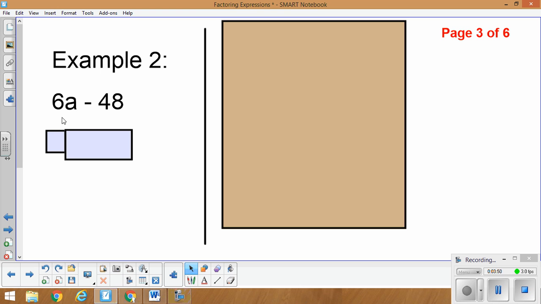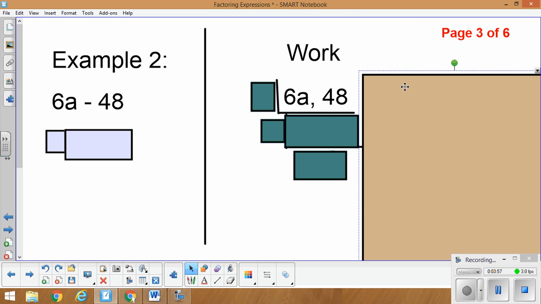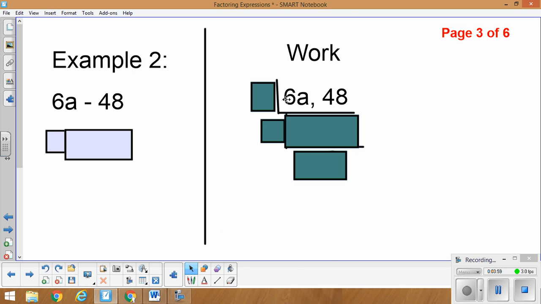Okay, here's example 2. We have 6 times the number a minus 48. So we're going to set up our upside down division. We have 6a and 48. We don't worry about the sign until the end. We look at 6a and 48 and think about a factor that can go into both 6 and 48. I picked the number 2.